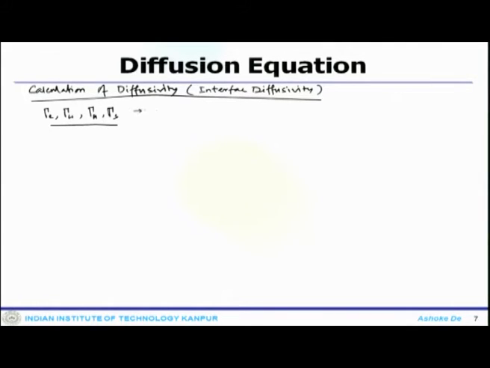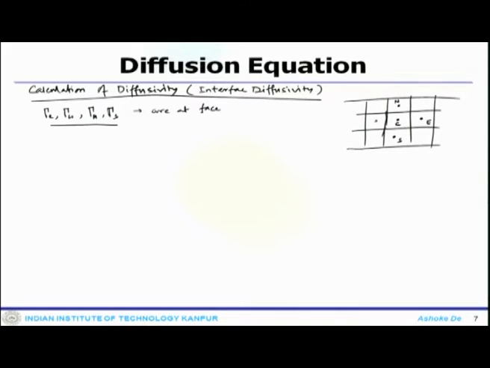So these diffusivity coefficients are at the faces. Now, if you again look at this cell stencil, this is my C, this is east, north, south, west, and the faces like this.